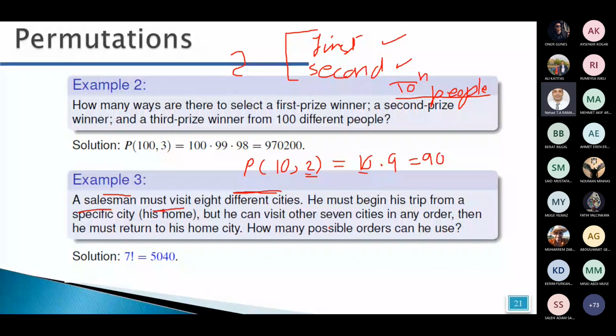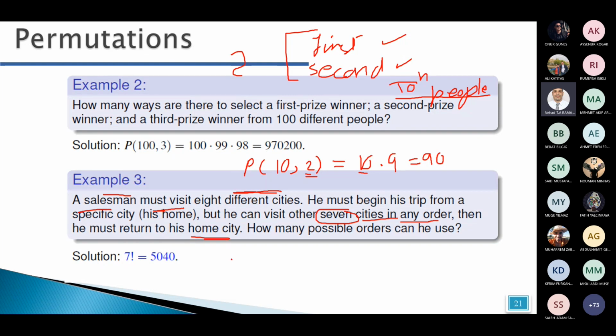It's his home, okay? But he can visit the other 7 cities in any order. Then in any order means a specific order. This is the meaning. Then he must return to his home city.